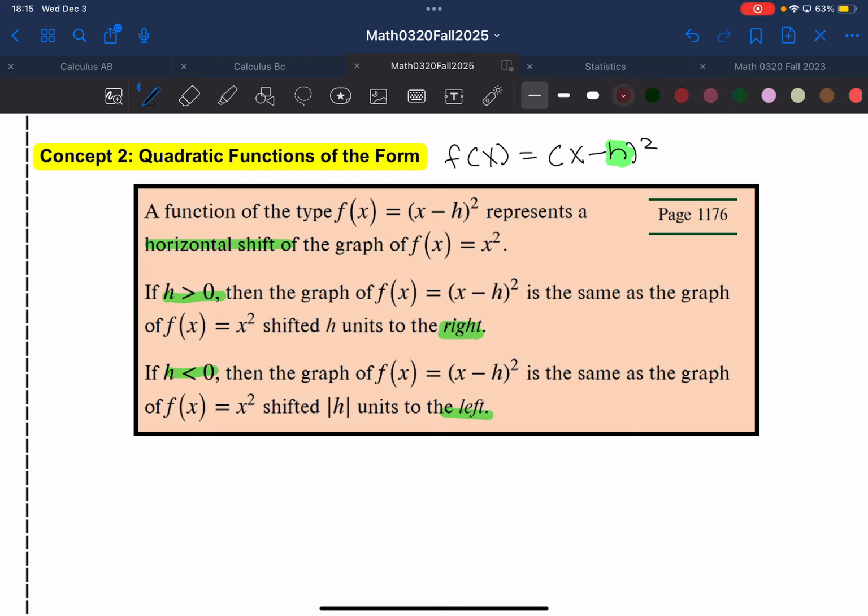So what I would remember instead: if we have minus h, we move to the right. If we have plus h, we move to the left. This would be the easiest way to remember it versus remembering that there is a minus in the formula. So think opposite.